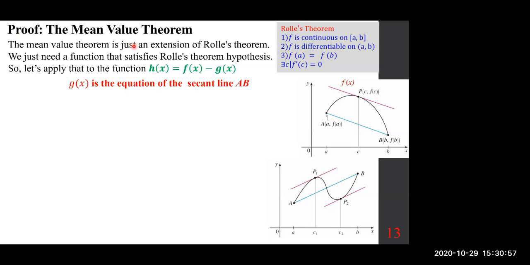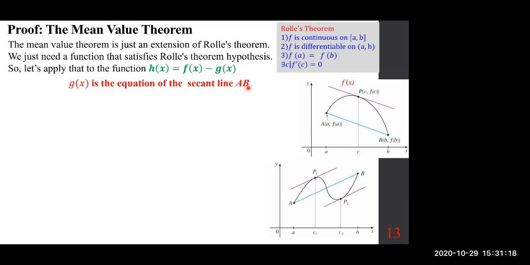Take a look at the third criterion that the mean value theorem adds. So what we are going to do, we just need a function that satisfies Rolle's theorem. So remember, we have continuity and differentiability for the function f of x. Now we are going to introduce a new function h of x, which is the difference between f of x and g of x, the equation of a secant line.